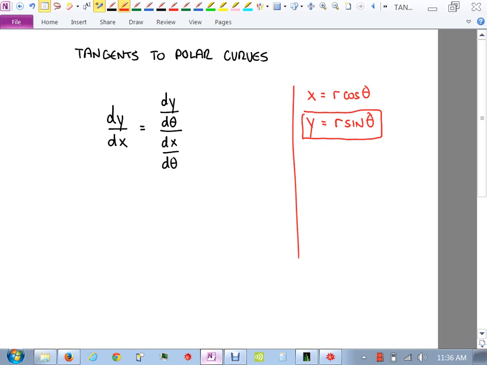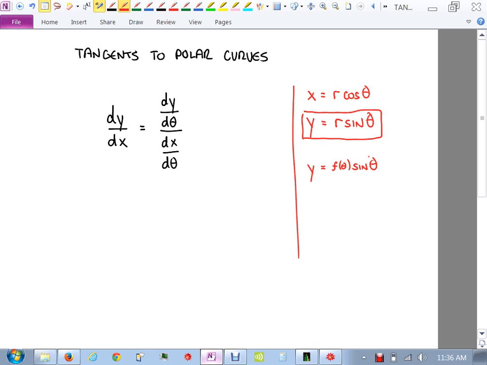What is r, though? What is r? Isn't r a function of theta? Isn't it? Because remember, we said a polar curve is r is f of theta. So what we actually need to see this as is a function of theta times sine theta.